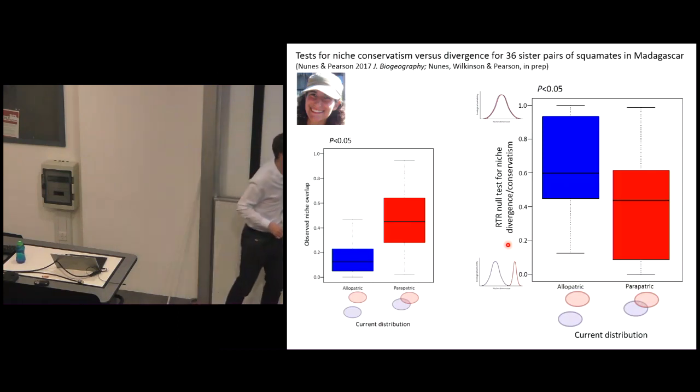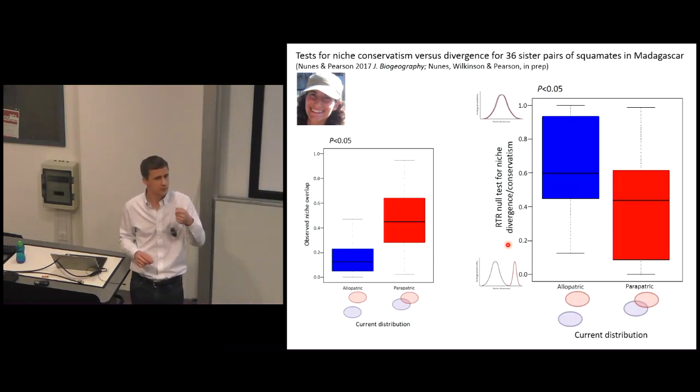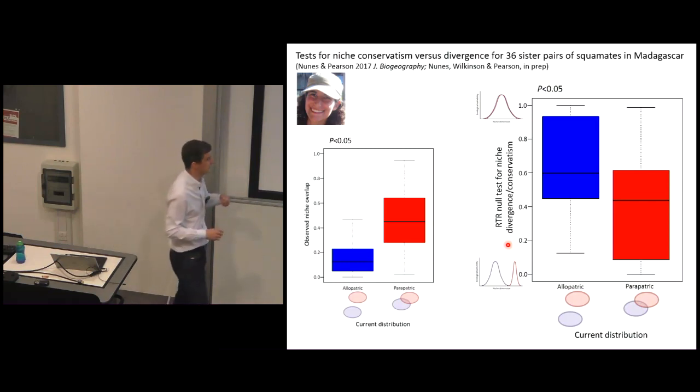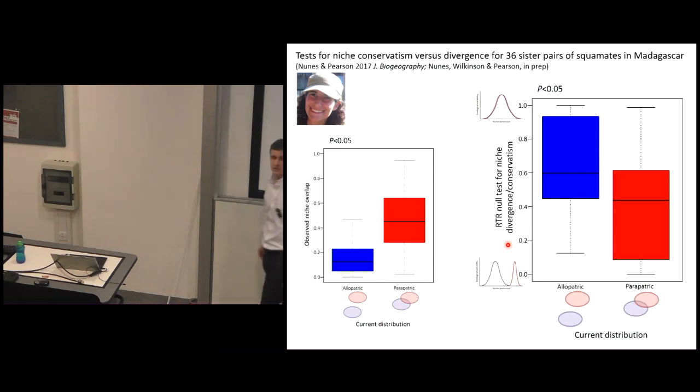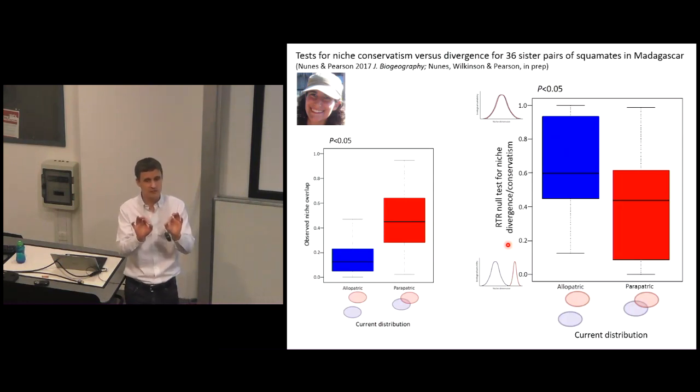So yes, we expect to see these niches don't necessarily overlap, but within this landscape, based on some null model, what's our expectation for how similar the niche should be? There's a long story there, but we can divide this up then into one axis based on this null model, where we can quantify the degree of niche divergence and the degree of niche similarity, again based on the distributions as they currently are within this particular landscape.